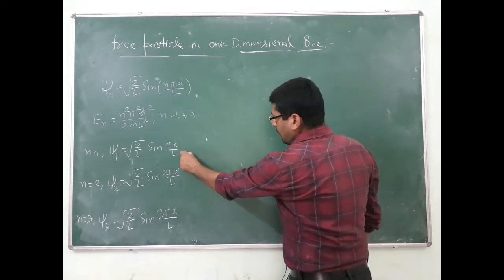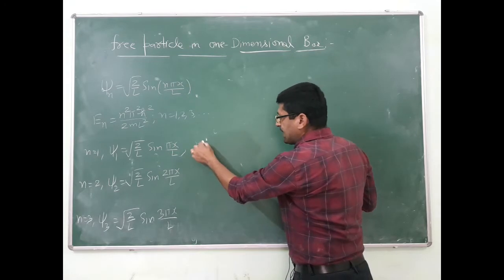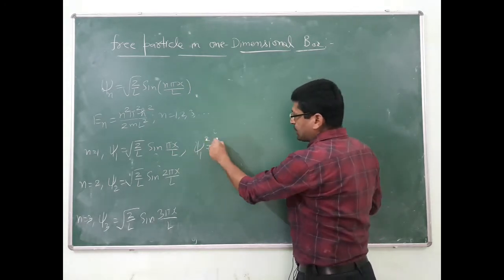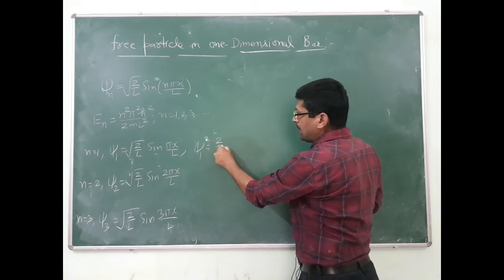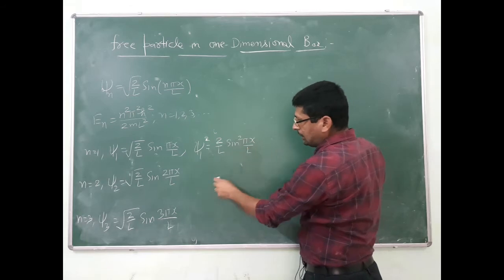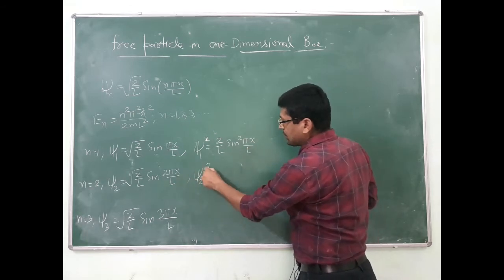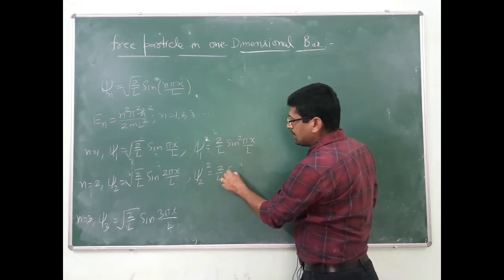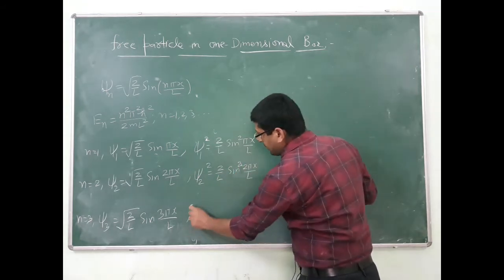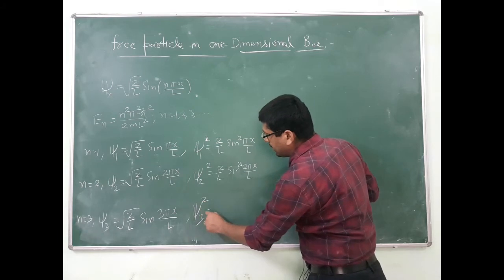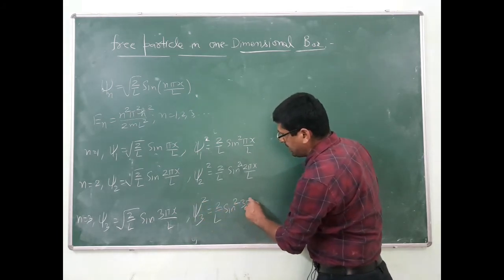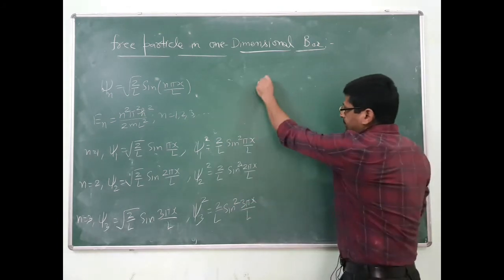So we will calculate psi 1 squared, which is 2 by L sine squared pi x by L. Psi 2 squared is 2 by L sine squared 2 pi x by L. Similarly psi 3 squared is 2 by L sine squared 3 pi x by L.